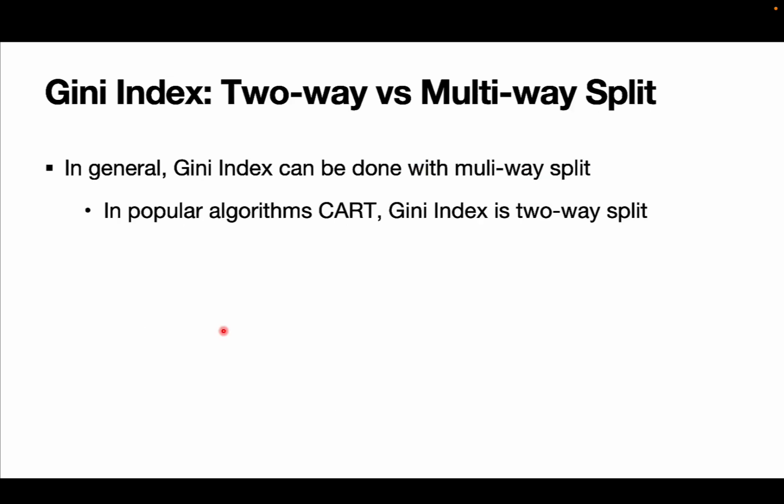In the previous examples and discussions, we approached the Gini Index as a 2-way split. And the reason behind that is this is how the Gini Index was adapted in popular algorithms like CART. But the truth is, there is nothing that stops us from using the Gini Index in a multi-way split setup.